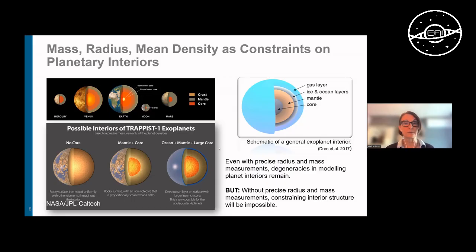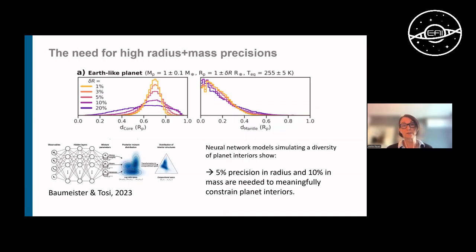And this has actually led to some research, because we were building PLATO to get precise radii and masses. So how precise do you actually have to be? One example of the studies that have addressed this is from Philipp Baumeister and Nicolas Tosi. They did forward modeling of thousands of planets of various types, and then applied a machine learning method to retrieve the interior structure distribution from this simulated ensemble of planets.